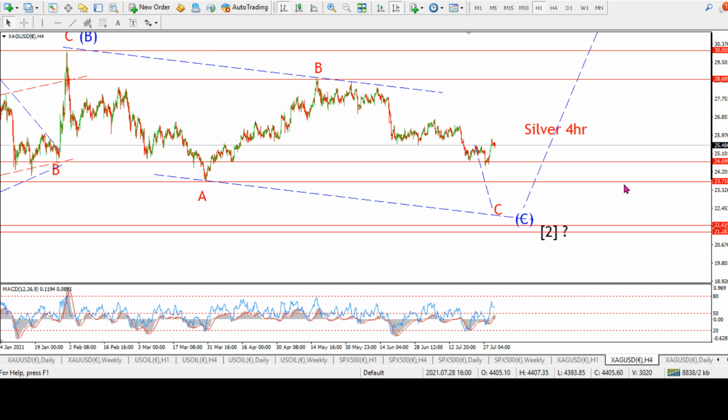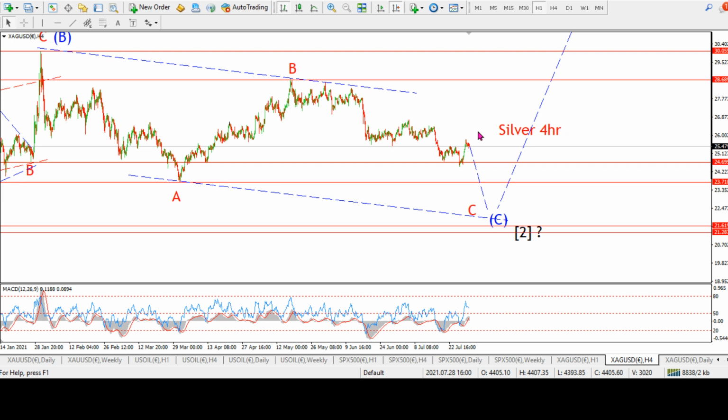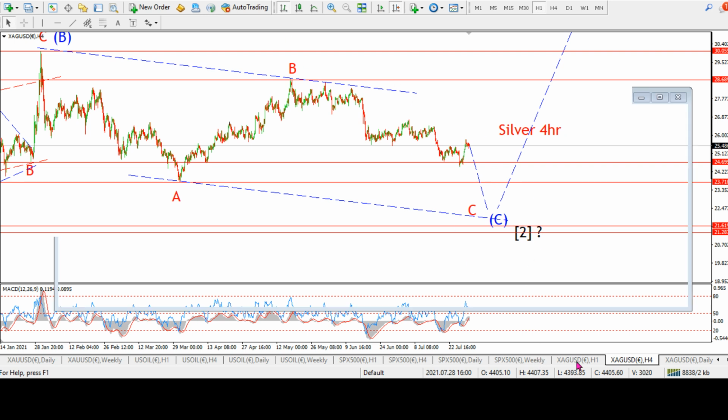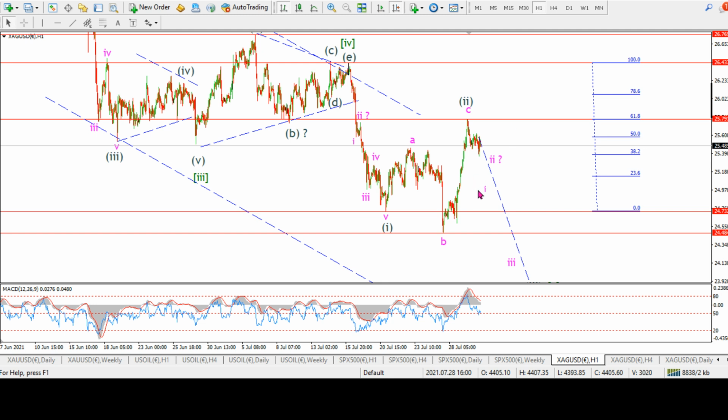Okay, silver. We're drawing close here to the end, but I'm not convinced we are at the end just yet. I think we still need that decline towards 21 to complete this pattern, but we haven't got there yet. It looks like an expanded flat wave 2 of 5. We've got 5 waves down yet to complete in wave 5.